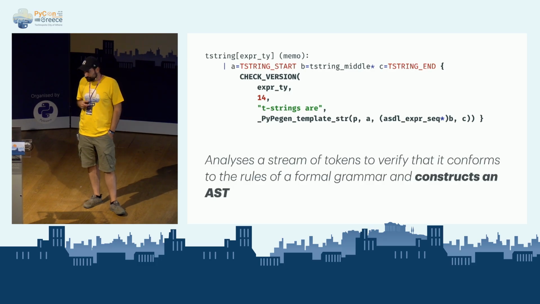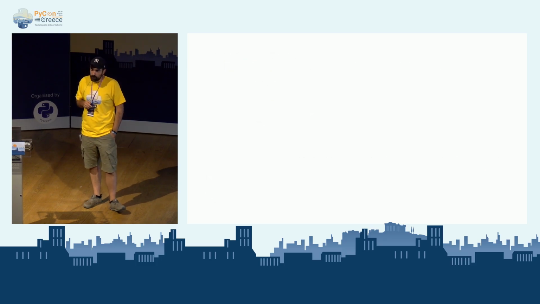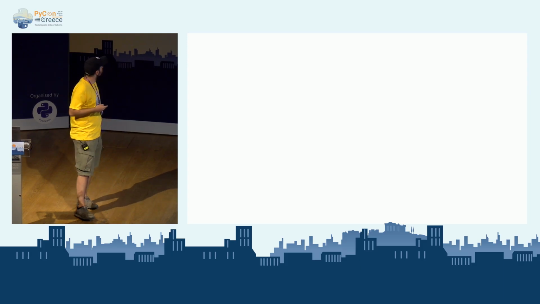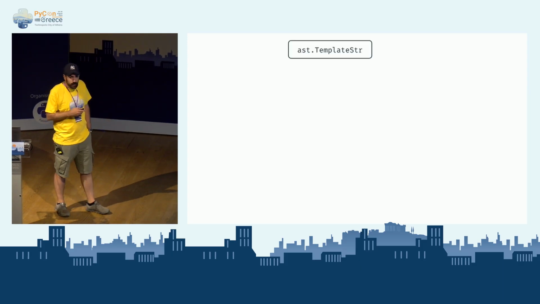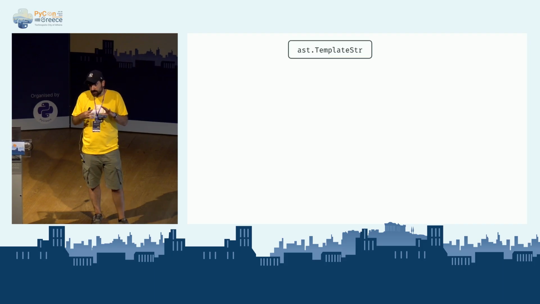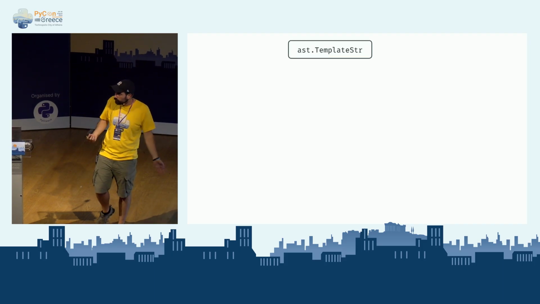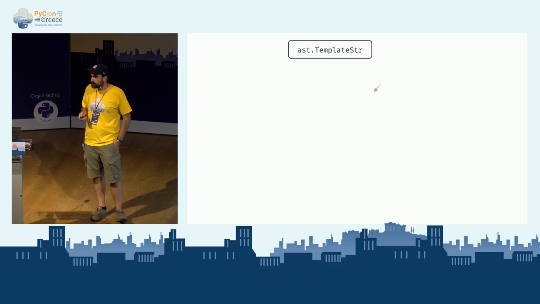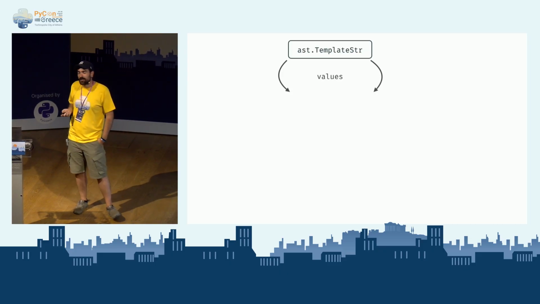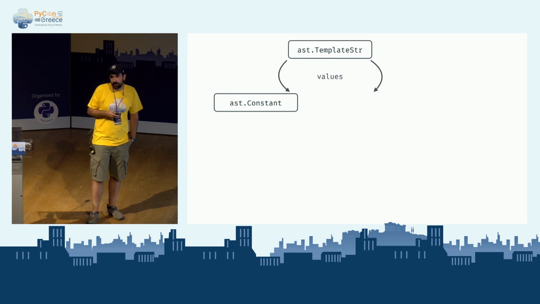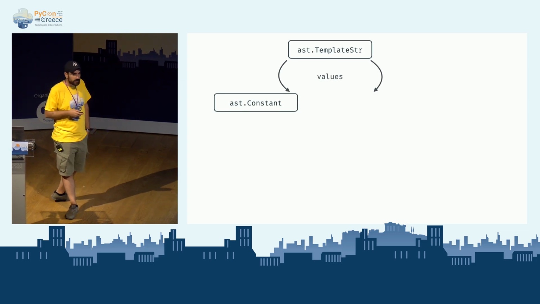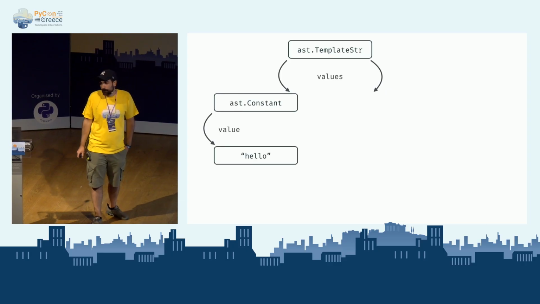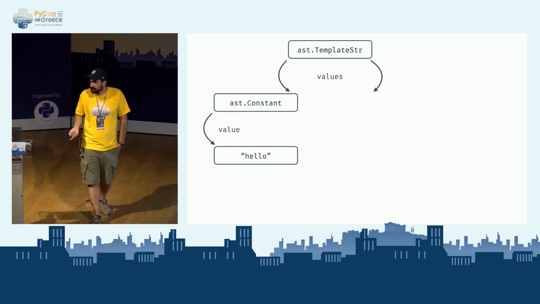That grammar that we showed before is actually going to generate this following tree. We start with a template string. This is all AST nodes that get constructed from the grammar we showed. So from the tokens, we go to the tree that looks like this. The template string has a couple of values. The first value is a constant because we have the value hello before we actually interpolate stuff.